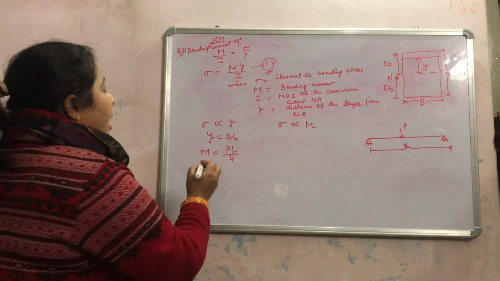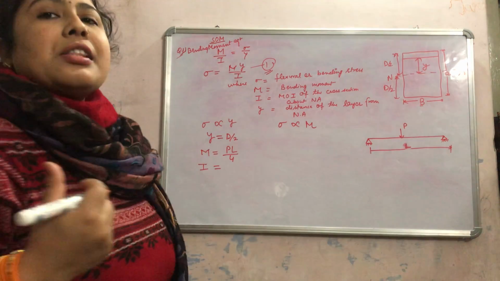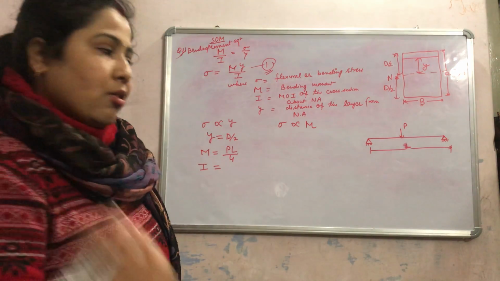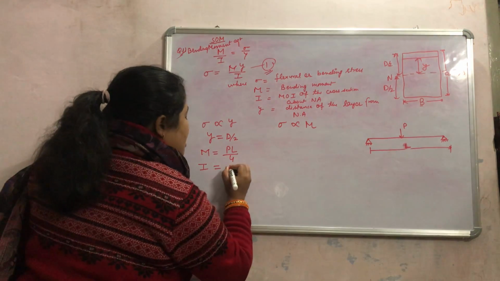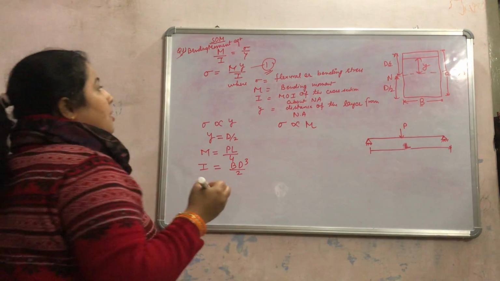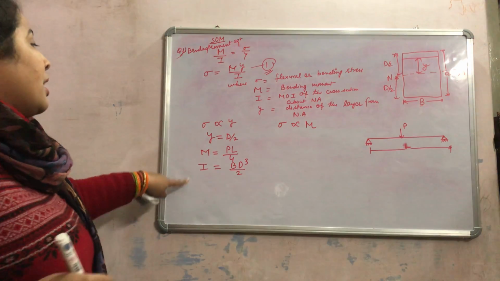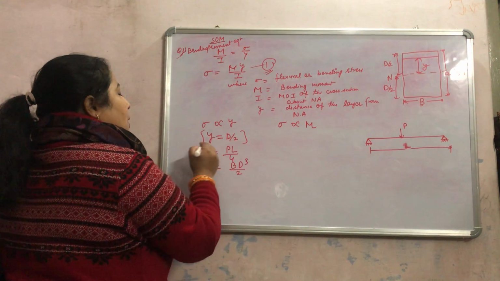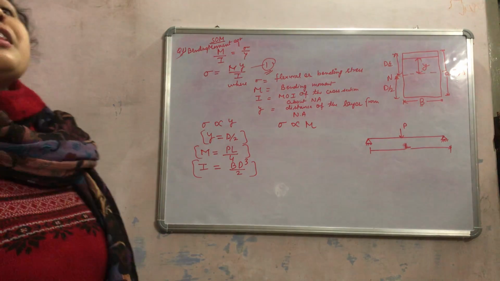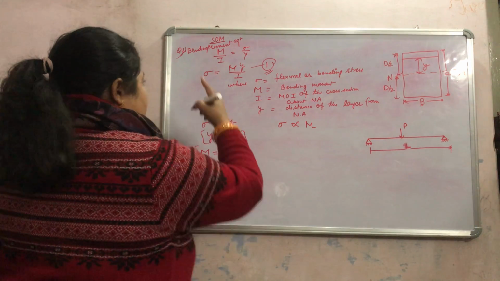And for a rectangular section, I equal to moment of inertia of the rectangular section about neutral axis. It means BD cube upon 12. Put the value of y, M and I in equation number 1 and find out value of sigma, that is maximum flexural stress.